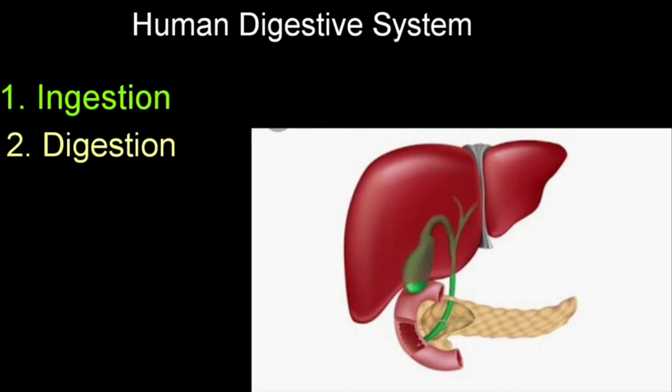Now comes pancreas. It secretes pancreatic juices like amylase, means pancreatic amylase, which breaks starch into maltose. Then trypsin, which breaks protein into small peptides or amino acids.